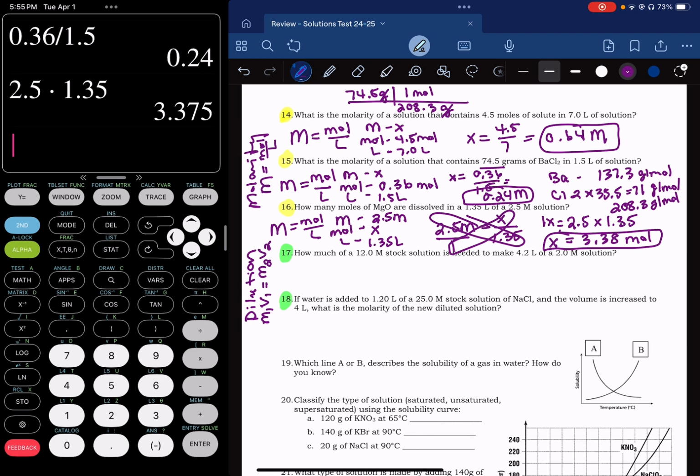Here we have, it says, how much of a 12 molar stock solution is needed to make 4.2 liters of a 2.0 molar solution? So we got a different formula now. It's basically saying you have in your stock. The reason it's called stock is because, in chemistry, in labs all over the world, real labs, you're going to have concentrations of chemicals and you're going to need to dilute them.